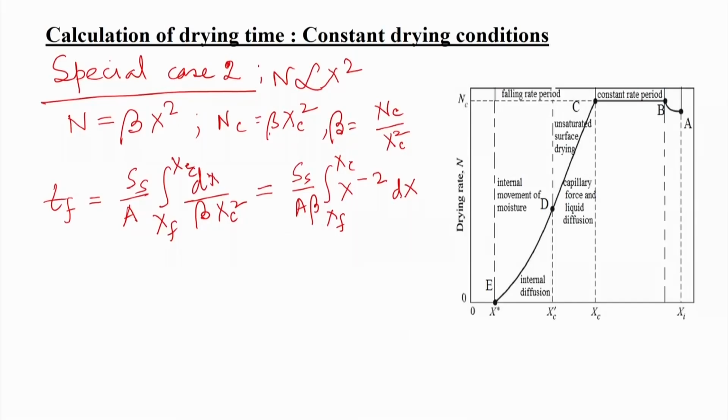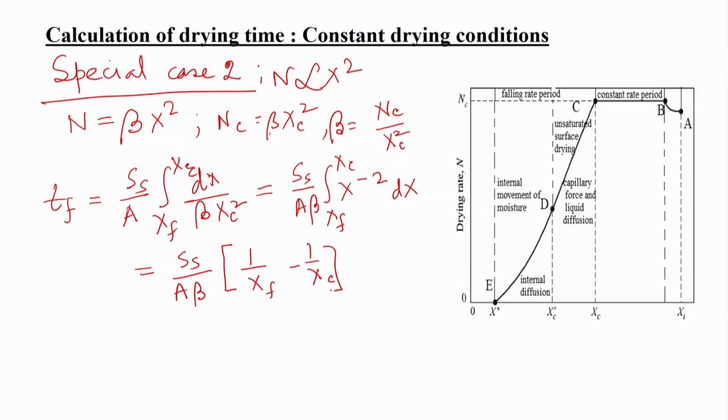Okay. Then we get S_s by A into 1 by beta into (1 by x_f minus 1 by x_c). Okay.